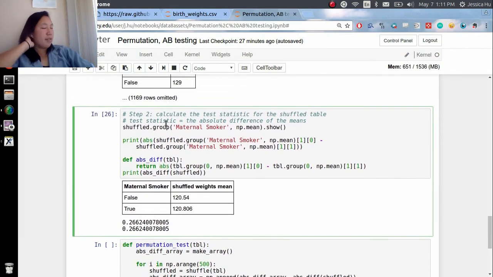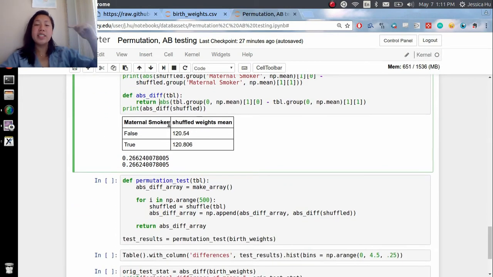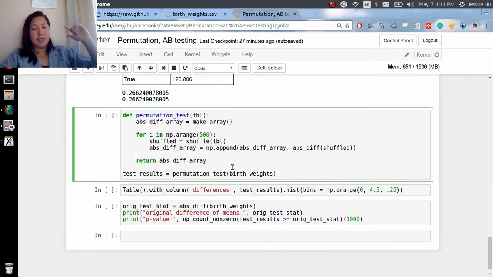So now after we get a function to shuffle the column, and we have our function to calculate our test statistic, we're ready to actually do our permutation test. Here again, this whole simulation structure hopefully is very familiar to you by now.